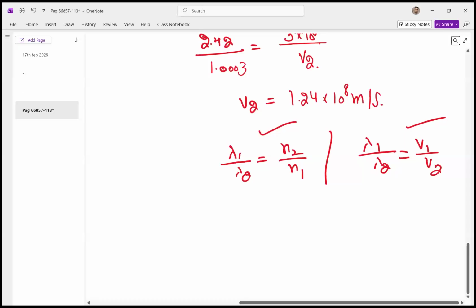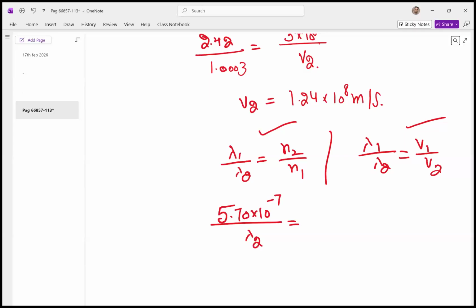Now in this one, if I put in the value, lambda 1, which is incident light, is 5.70 times 10 raised to power -7, divided by lambda 2, which I am looking for. The wavelength of light in diamond is this much, and n2 over n1 is 2.42 divided by 1.0003. Again, I'll cross multiply.